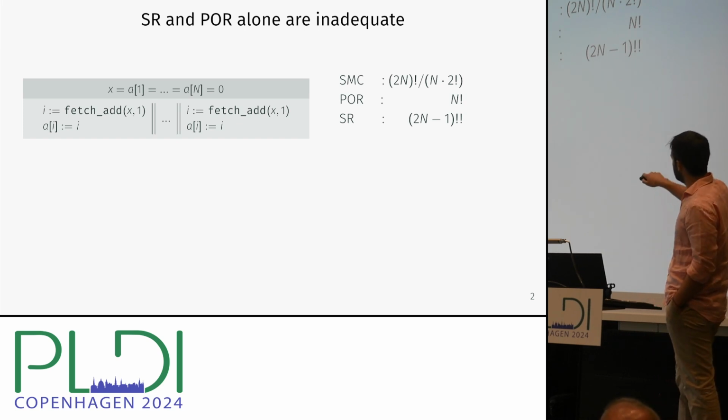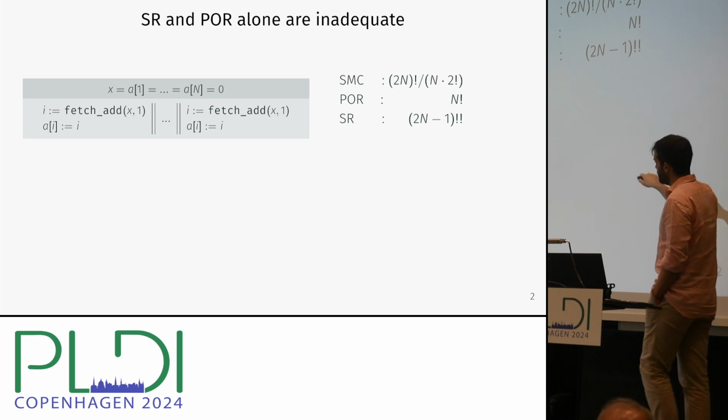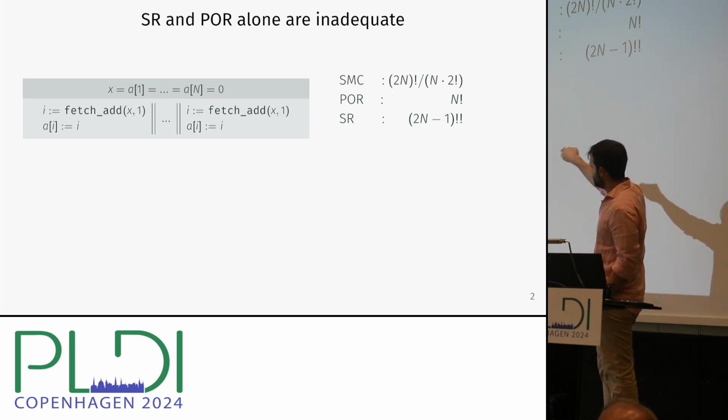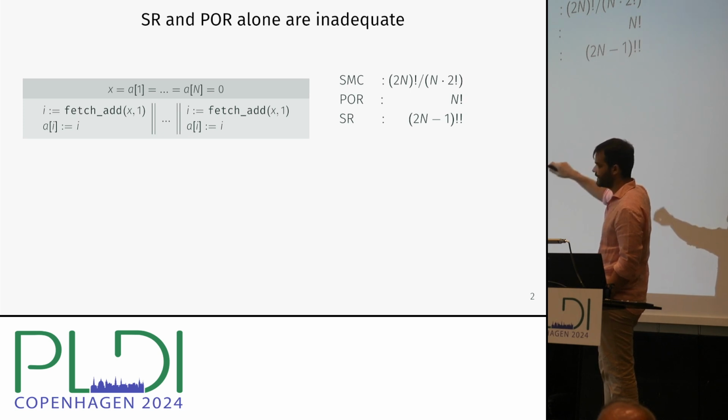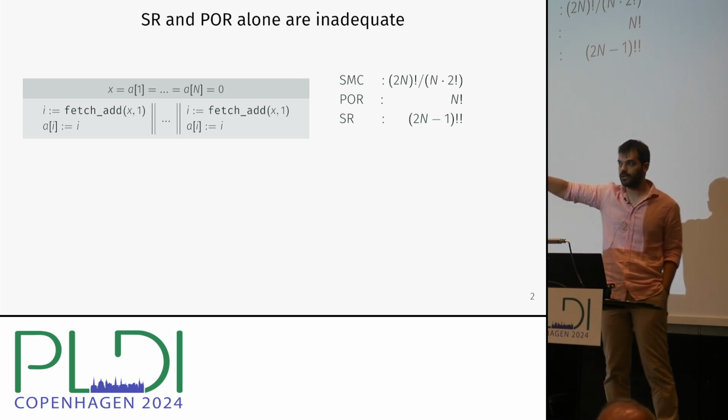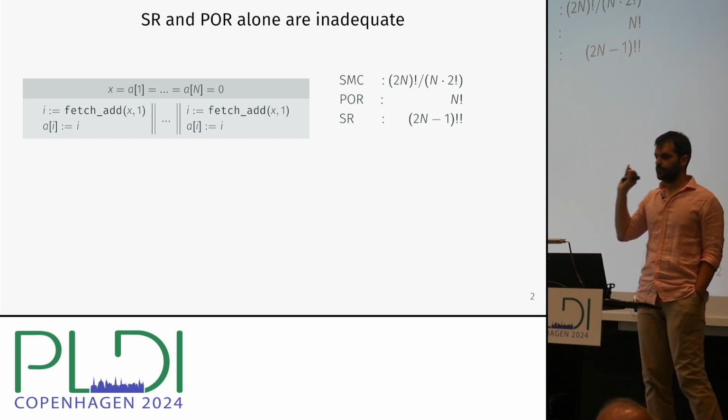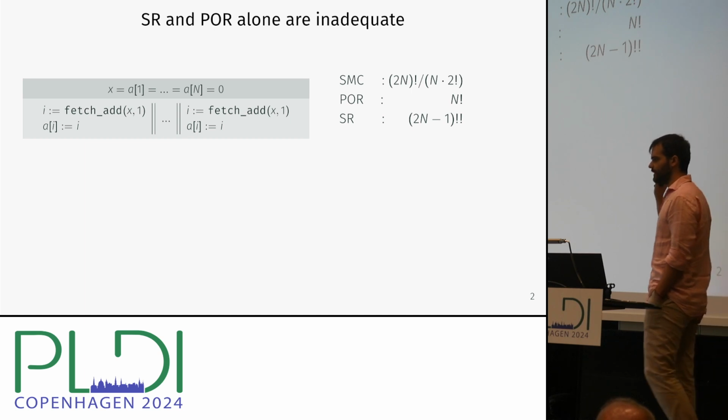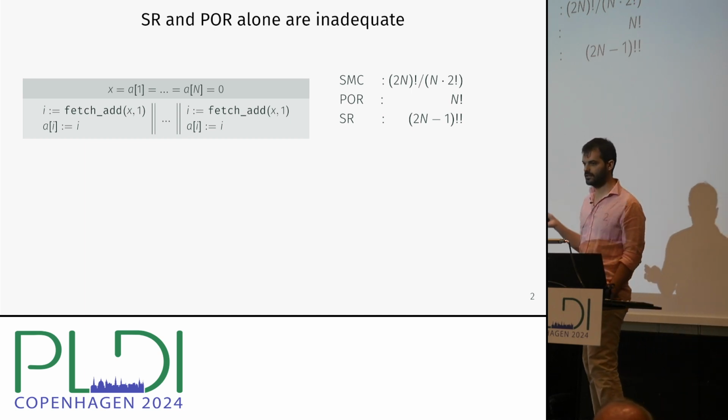But in this case, if we try to do symmetry reduction, it sees that these are threads that are running the same code. And in fact, it will just order the fetch and add instructions in one way, say left to right. But at that point, symmetry breaks because each thread read a different value, so the local state is different.